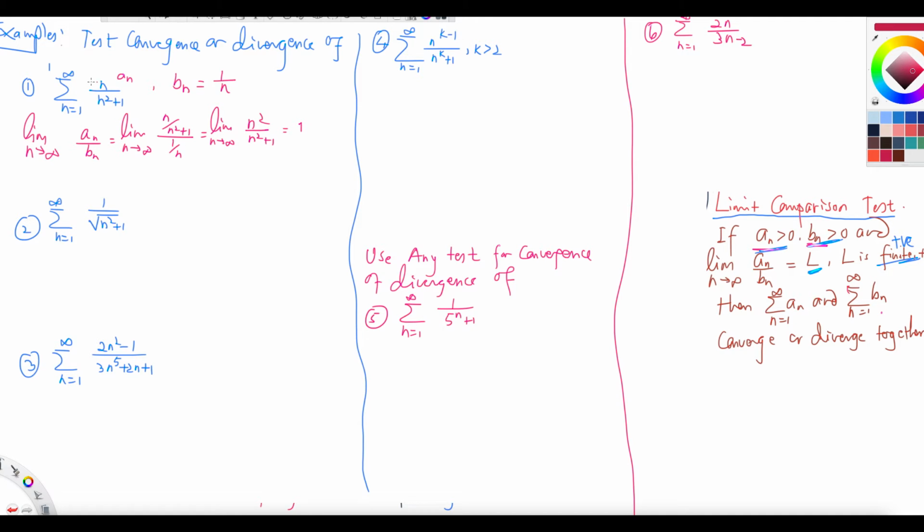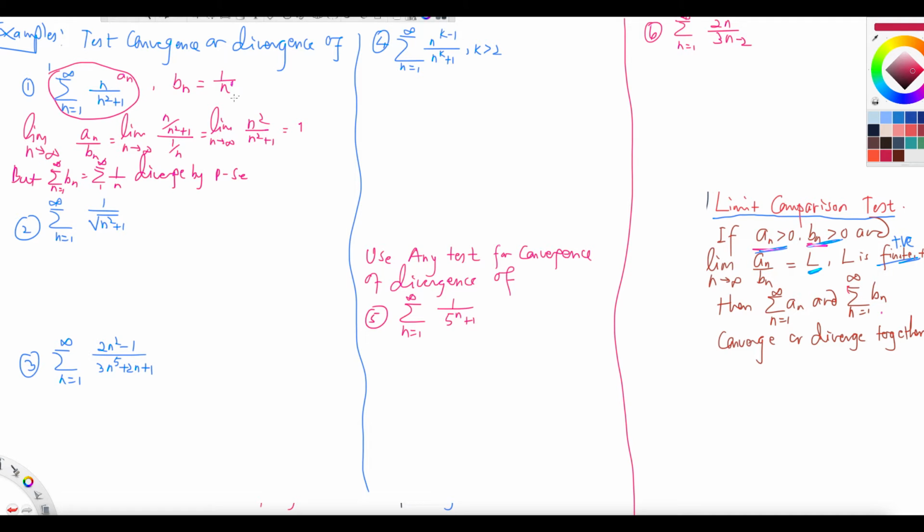Now what we can say is that the given series and the series bn either both converge or both diverge. But we know that bn diverges. The summation of bn, n equals 1 through infinity, equals the summation of 1 over n, which diverges. Why? By the P series test, because it is 1 over n to the P, where P is 1.